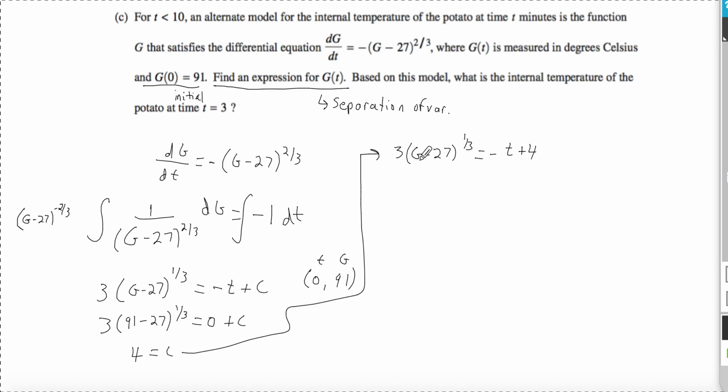I need to solve for g. That's my next goal. So let me divide everything by 3. That'll give me (g minus 27) to the 1/3 equals (negative t plus 4) over 3.